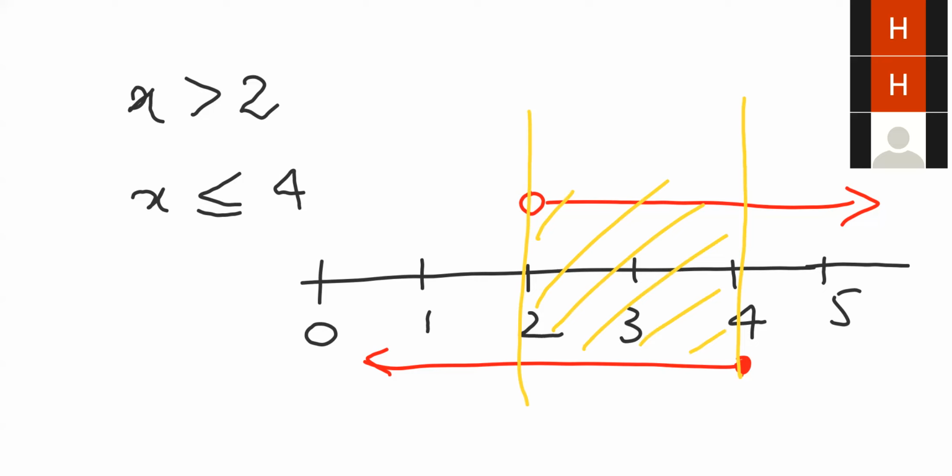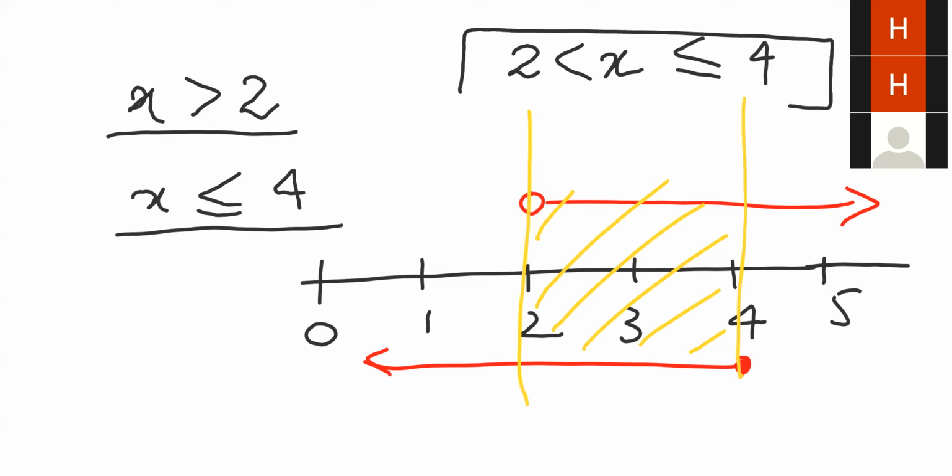You'll be writing that as x is greater than 2 and less than and equal to 4, so you'll be writing your answer in a range of values kind of answer.